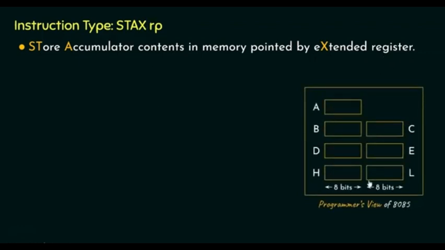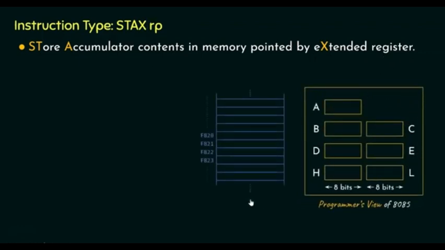So we are talking about the register pairs, and for that we will also need the memory, because the content within the accumulator is now to be stored within the memory locations. Now if we notice the instruction type, just like the previous one, here also we are not mentioning the memory location. Rather, within the instruction we are going to mention the register pair. So this is also clearly register indirect addressing.